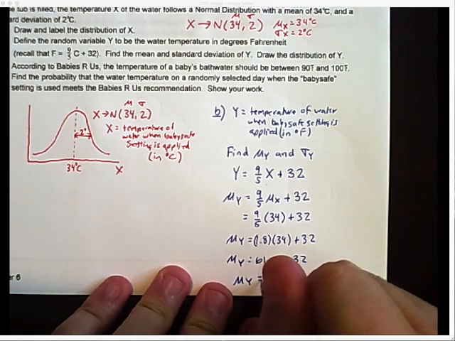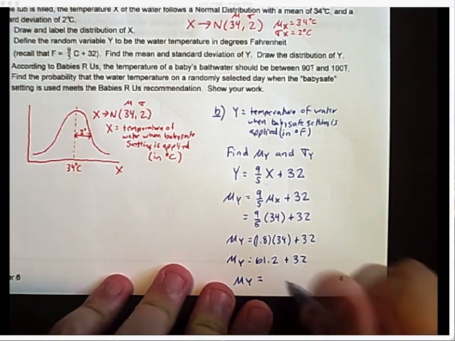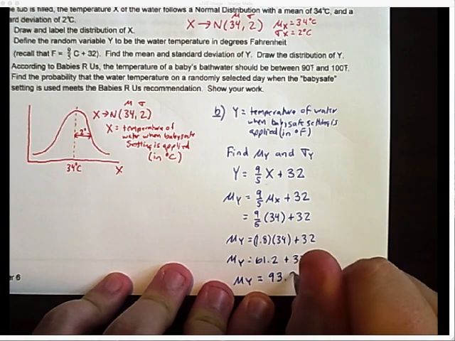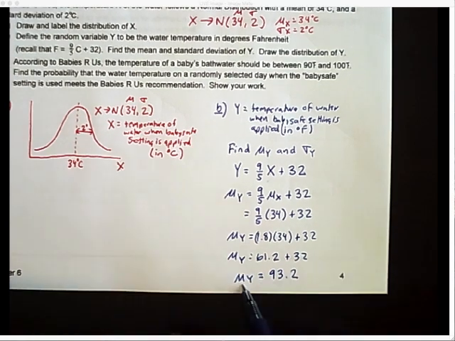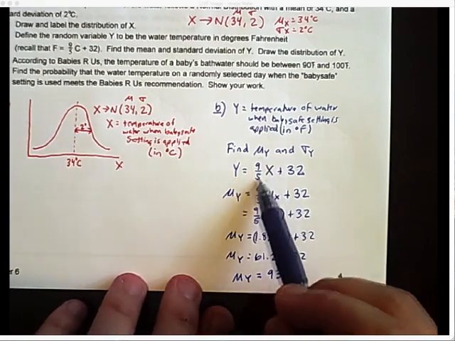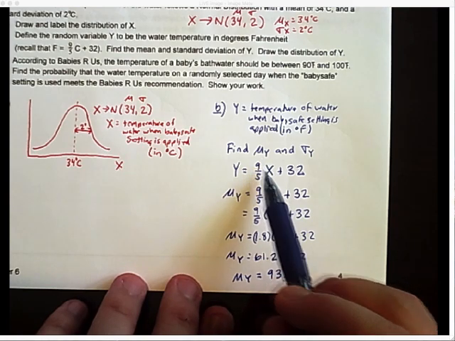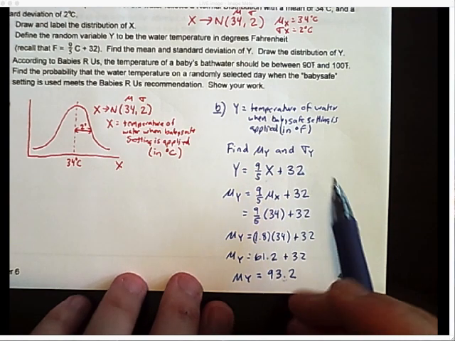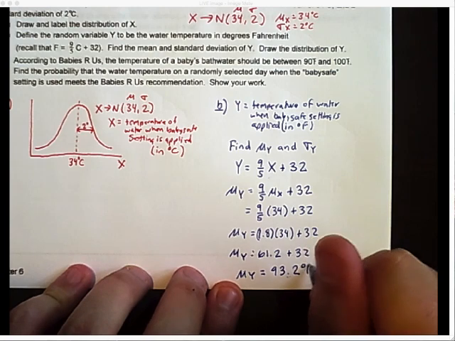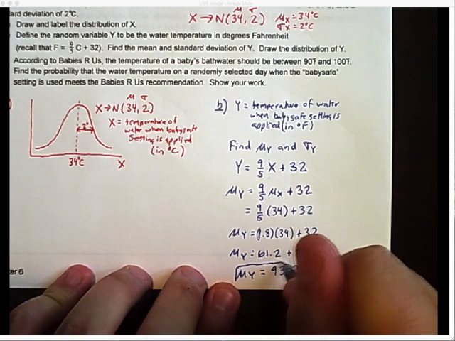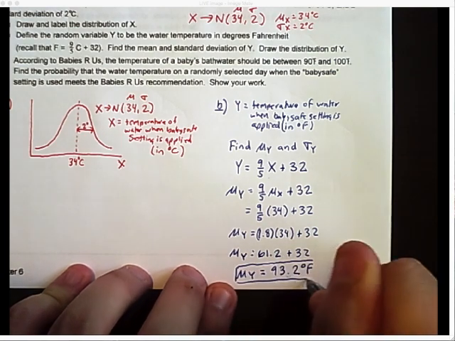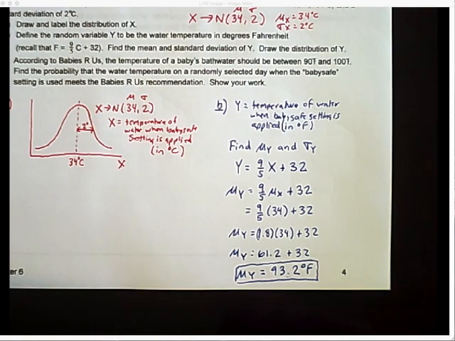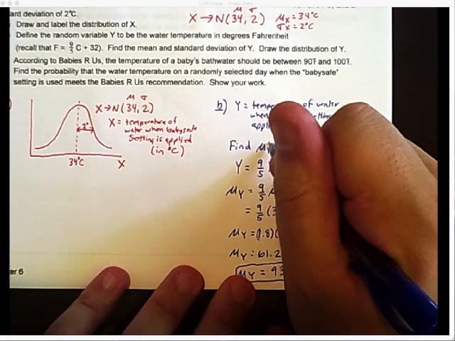So the mean of y would be 93.2. So when we're trying to find the new mean, we have to multiply by the coefficient and add the number. And this would be measured in degrees Fahrenheit.